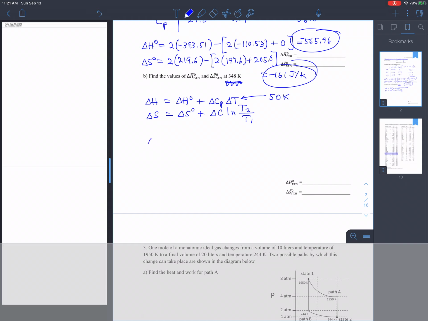And so delta H is then equal to minus 565,960, in joules, plus delta CP, but we haven't calculated delta CP. Let's do that.